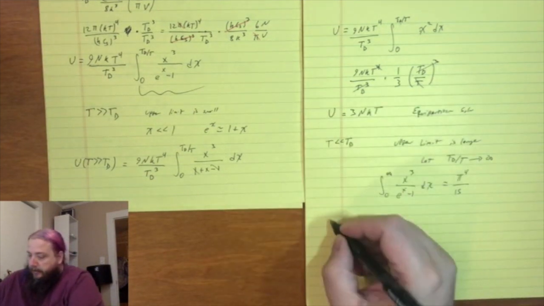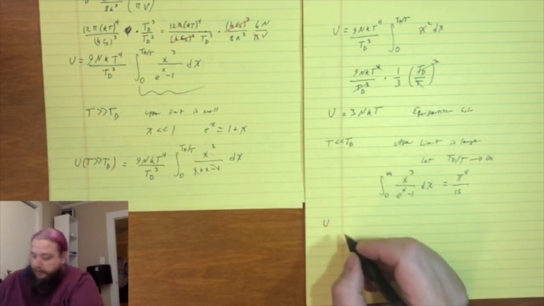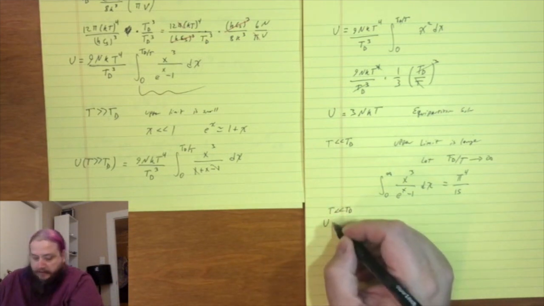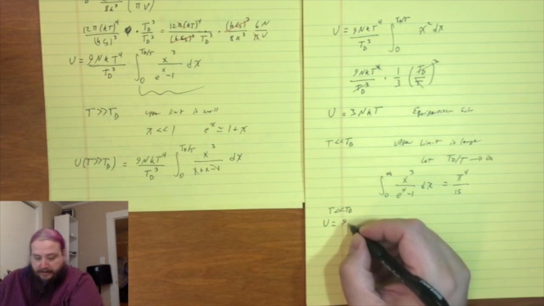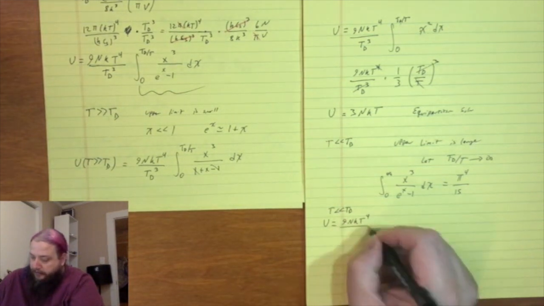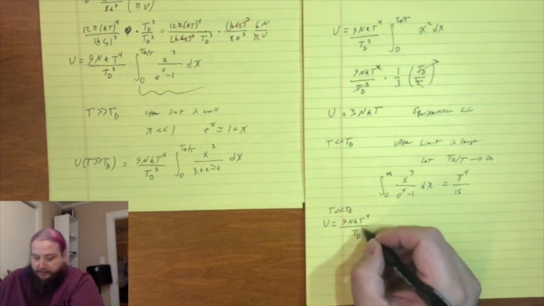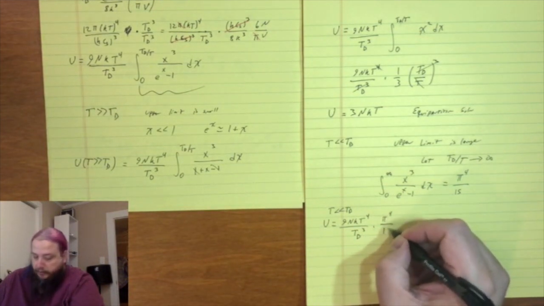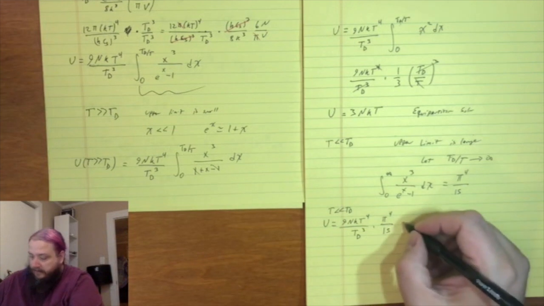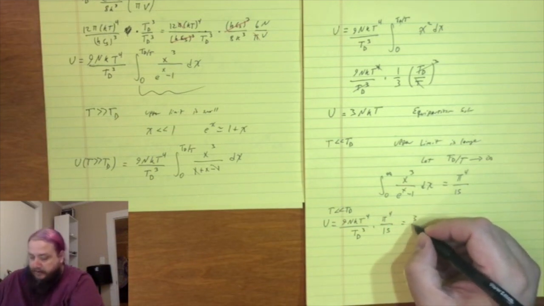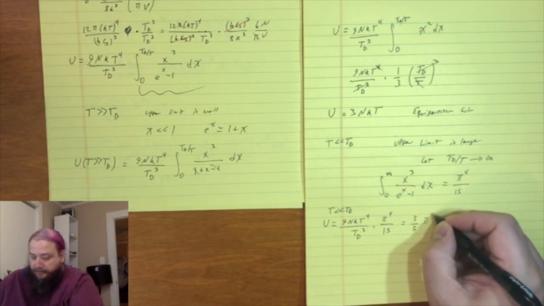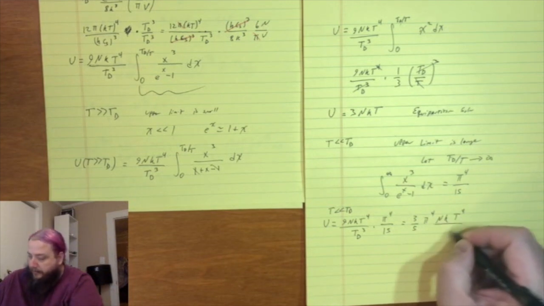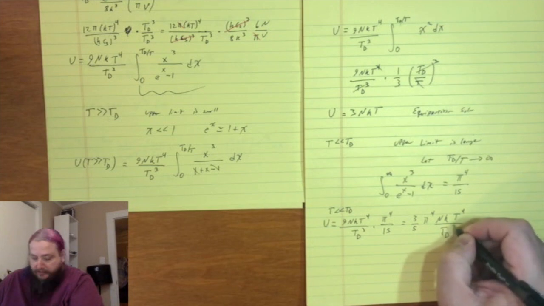And so our energy for low temperatures is 9nkT to the fourth over Debye temperature cubed times pi to the fourth over 15. So that gives us 3/5 pi to the fourth nkT to the fourth over Debye temperature cubed.